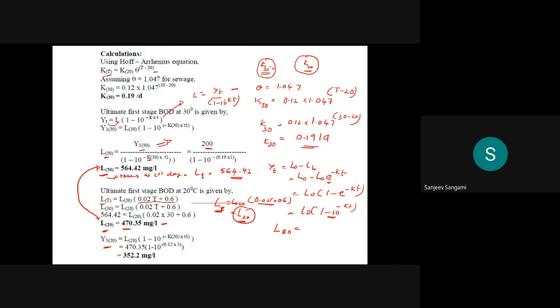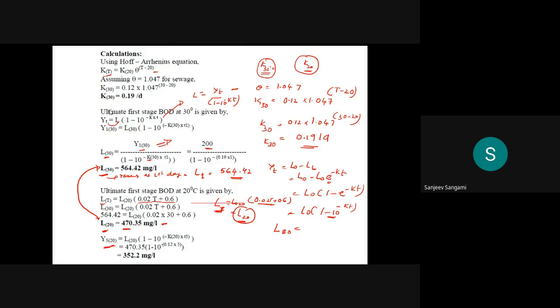Suppose you want to find out for the fifth day, we'll come back to the fifth day. So then Y5 at 20 is equal to L20 times the formula that is already there. Substitute all those values, then you will get Y5 as 352.2 milligram per liter.